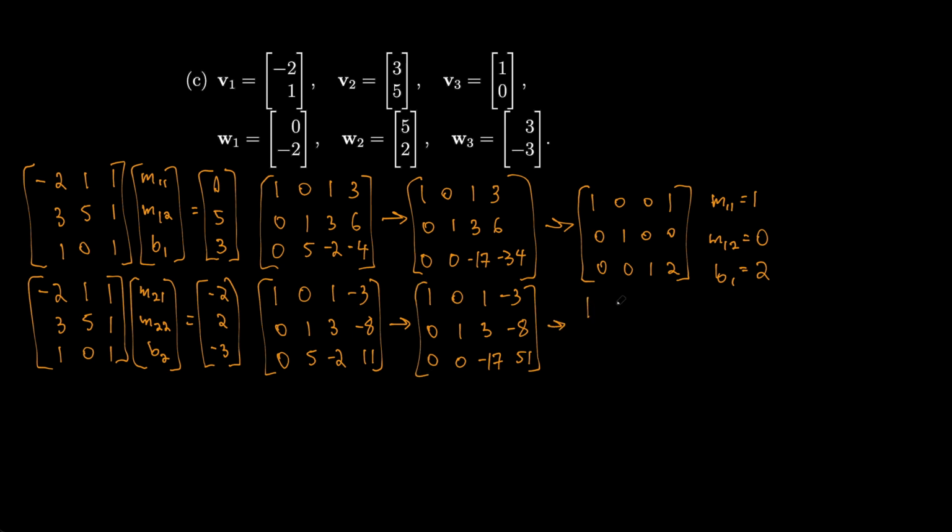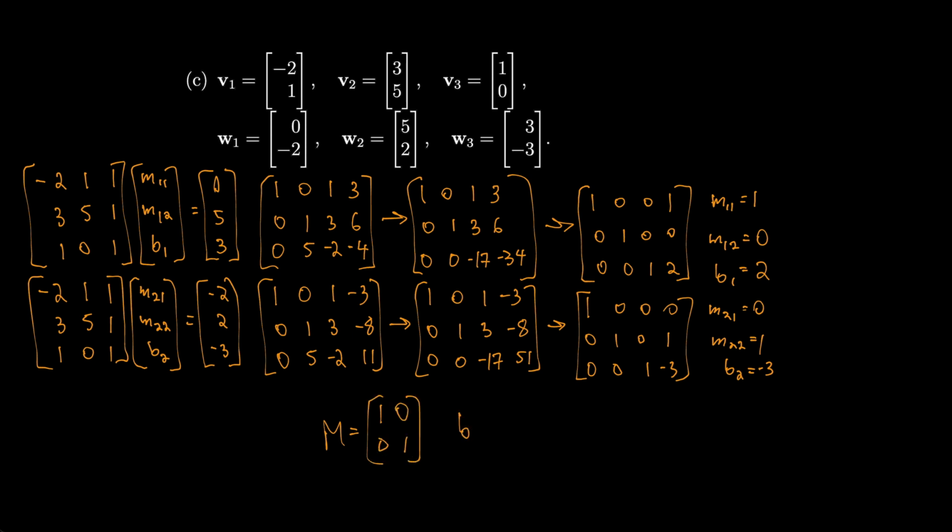And last but not least, we get 1, 0, 0, 0, 0, 1, 0, 1, 0, 0, 1, minus 3, so that M21 equals 0, M22 equals 1, and B2 equals minus 3. That gives us M equal to 1, 0, 0, 1, which is interesting, the identity. And B equal to 2, minus 3.